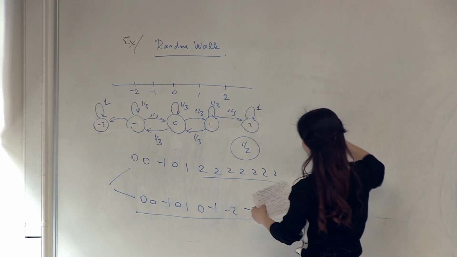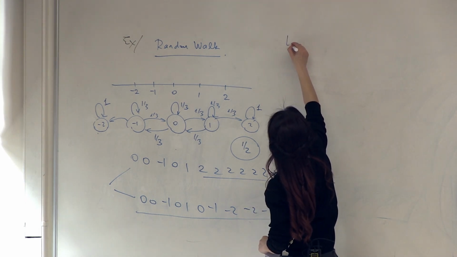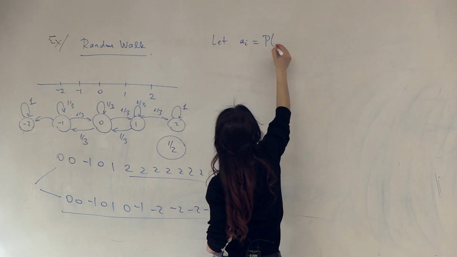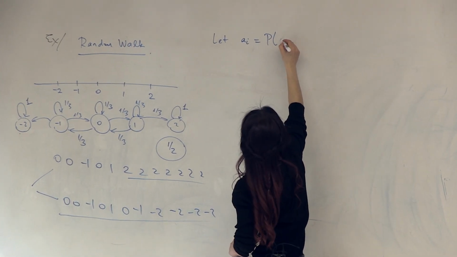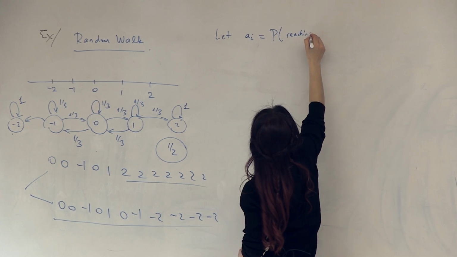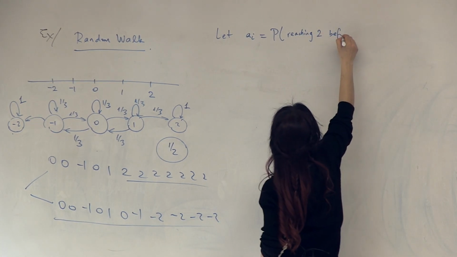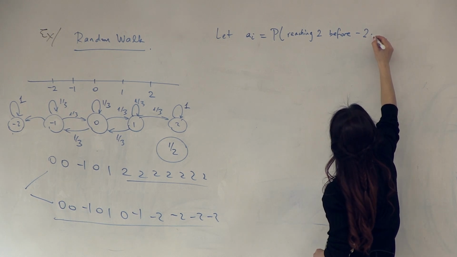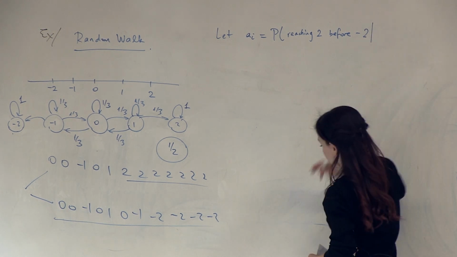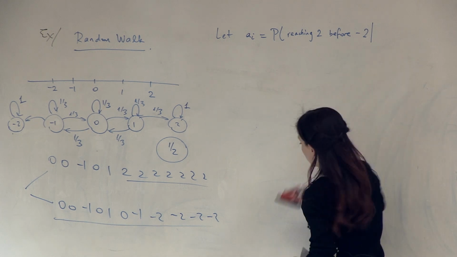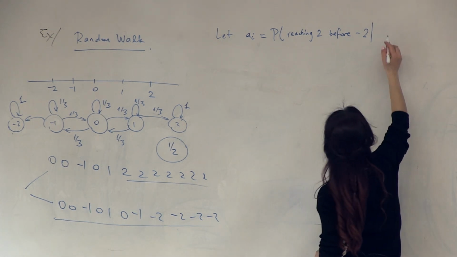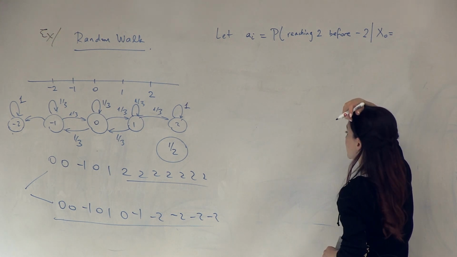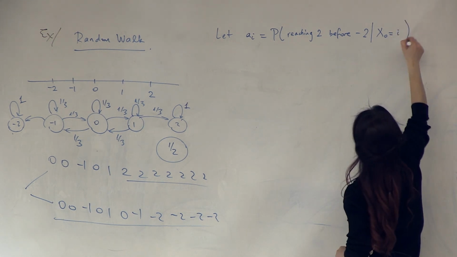Let a_i be the probability of reaching 2 before -2, given that I start at state i.